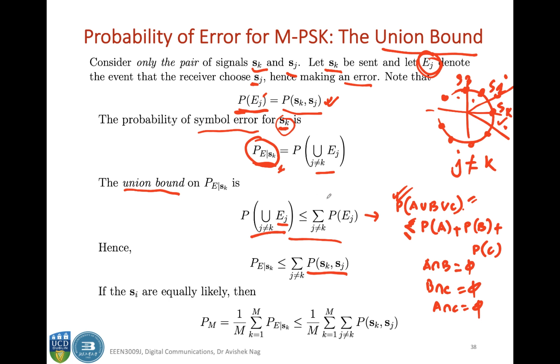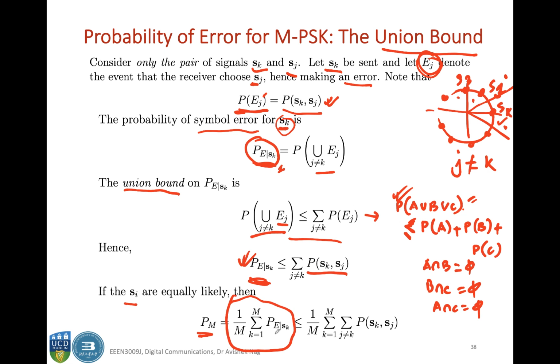Now, if all the Sk's are equally likely, then your final probability of error is the average of all these probabilities.